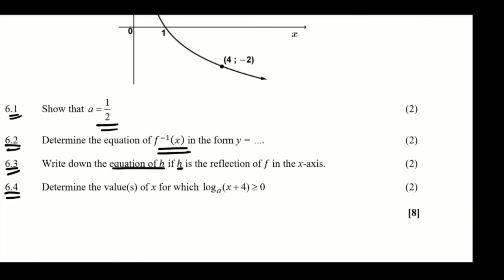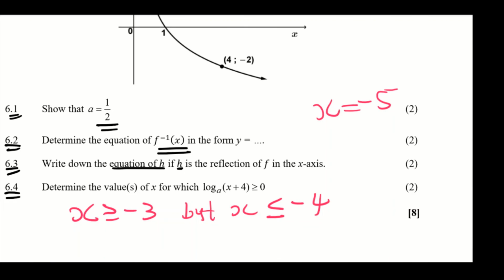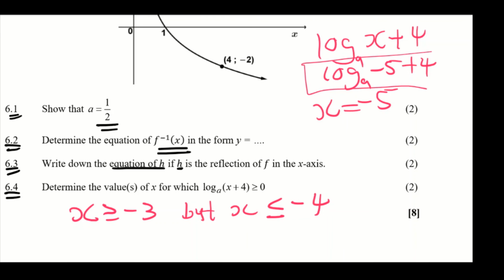But as we concluded, or as we tested, we know that x must be greater than or equal to -3, but x must also be less than or equal to -4, because if x is equal to -5, it gives you a negative log because it's x plus 4, where if you substitute, it's log base a of -5 plus 4, so it gives you a negative log. It's log base a of -1, which won't give you a solution.